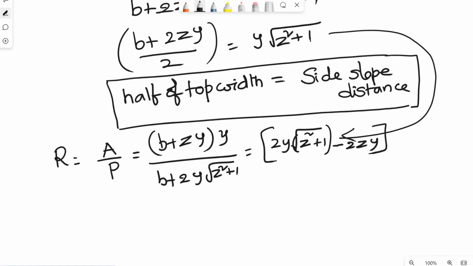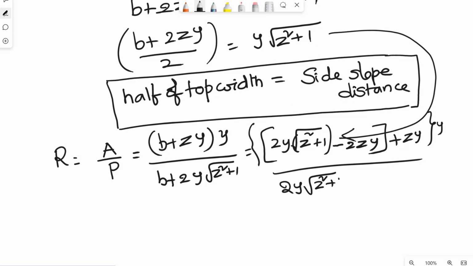Check it up. b plus zy into y divided by b is equal to, again here what we can write, 2y square root of z square plus 1 minus 2zy plus 2y square root of z square plus 1. If I write like that, the top one has minus 2zy and this is plus zy, so finally it will be minus zy into y.